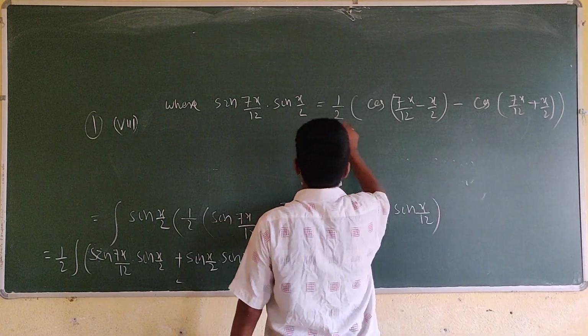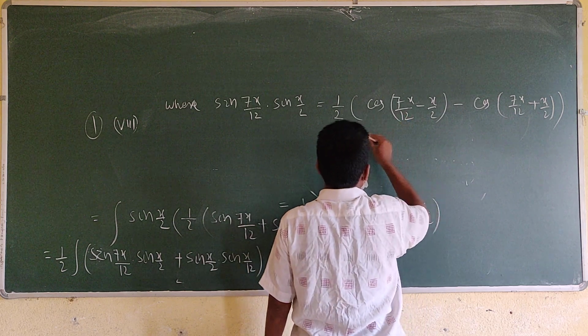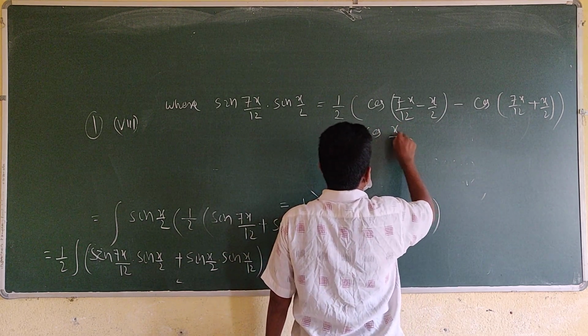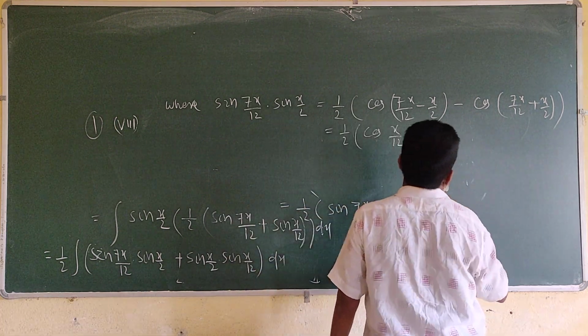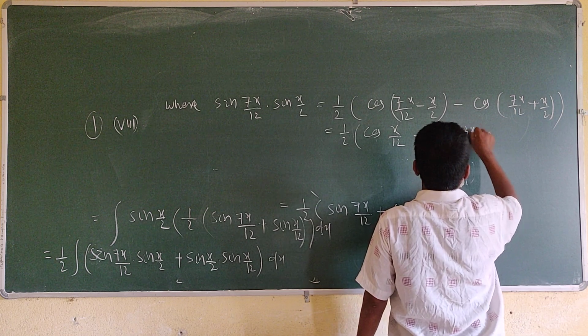The half LCM is 12, so it is 6x: 7x minus 6x gives x by 12. That is cos x by 12 minus cos 13x by 12.